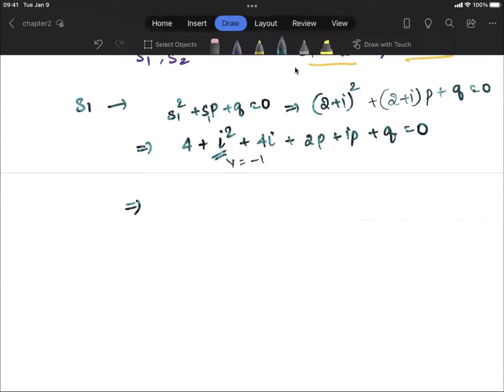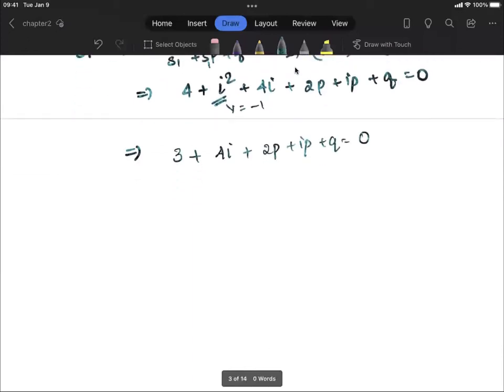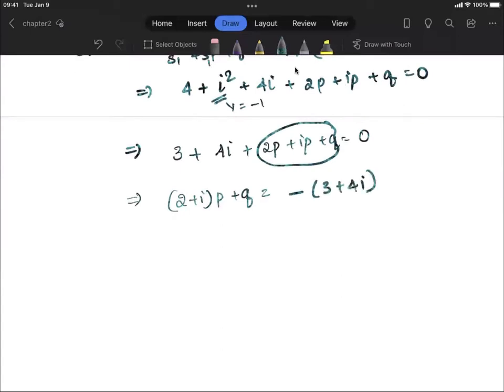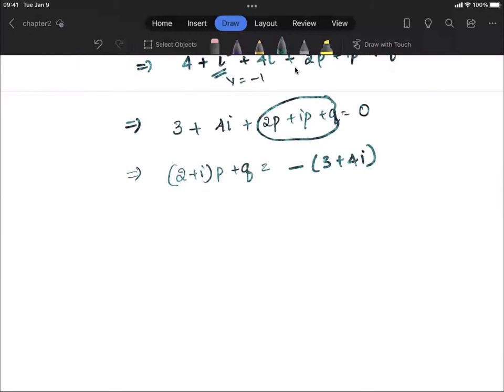So 4 minus 1 is going to give me 3 plus 4i plus 2p plus ip plus q equals 0. Or I can just write this as (2 plus i) times p plus q, just putting these terms together, equal to negative of (3 plus 4i), right?